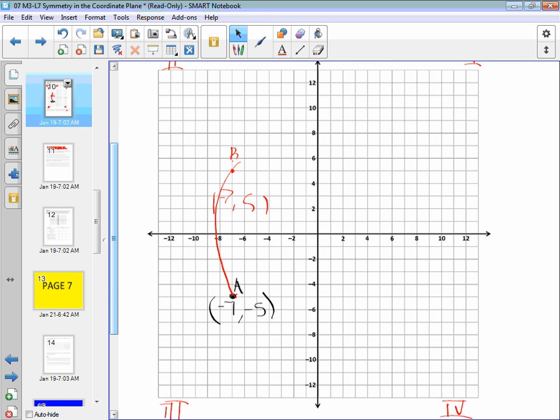Okay, so now according to the directions, we have to plot point B over an axis so that its image is in quadrant 1. Label it C and list its coordinates. Anybody want to come up and do it?